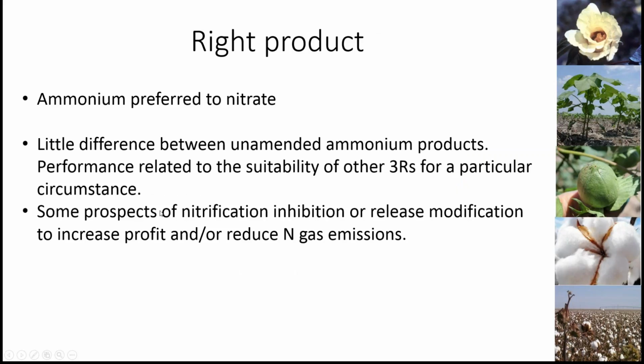So ammonium is preferred to nitrate because we only lose from the nitrate form. There's little difference between unamended ammonium products, and there is some prospect of nitrification inhibitors or release modification products such as coatings to increase profit, but more particularly there's quite good information suggesting they are very, very effective in reducing greenhouse gas emissions.